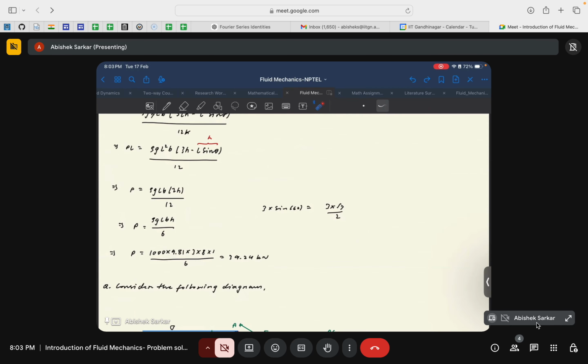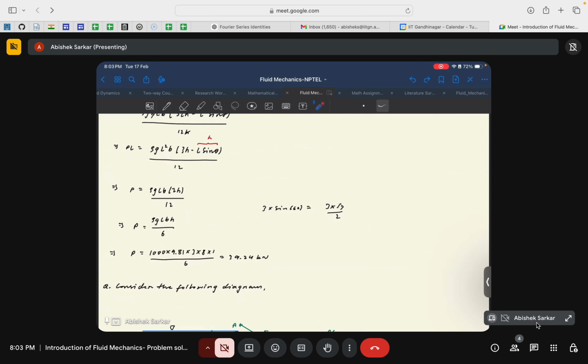So any doubt in this particular problem? If you want, I can repeat any portions. I want to know if there's any doubt in the logic, because the derivation and the substitution part is quite simple. Just substitute the expression, you will get the result.